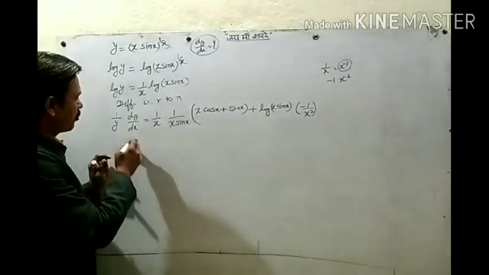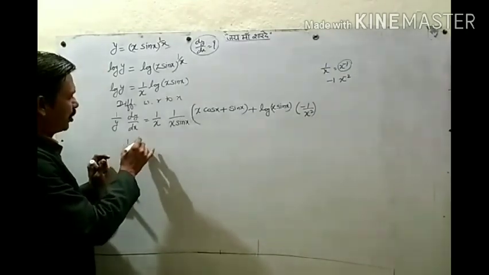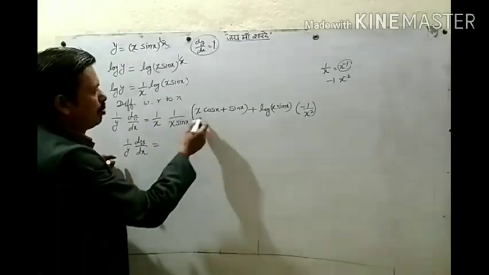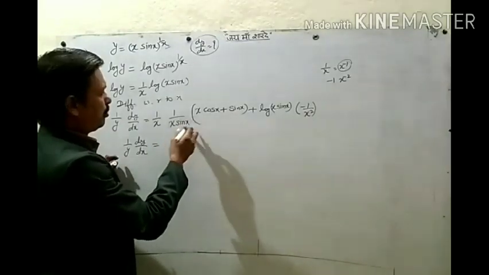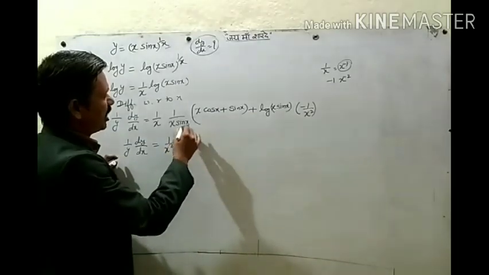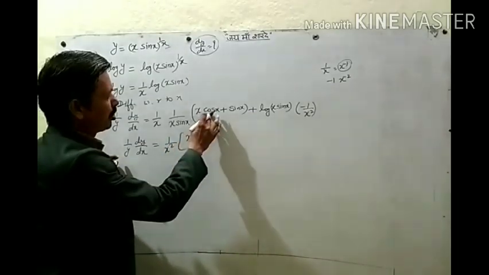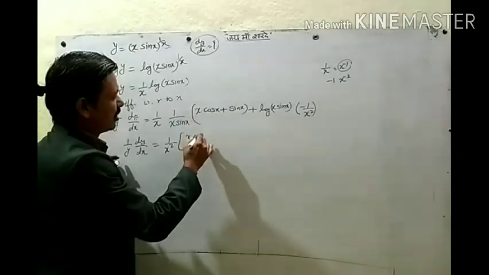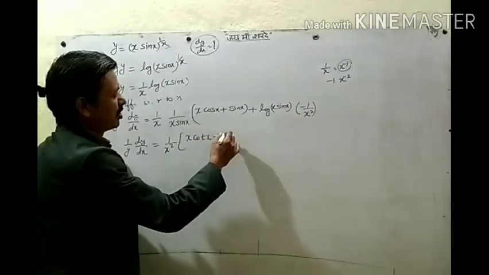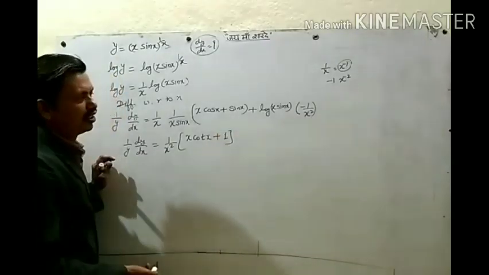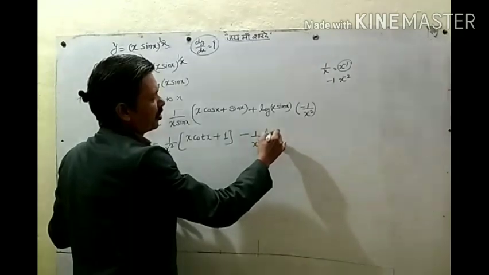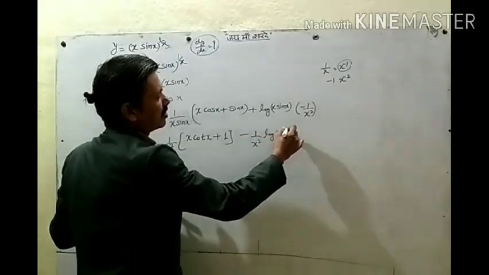So 1 by y dy by dx is equal to, if you simplify this, 1 by x square, and if you multiply sin x here, you get x upon x into cos upon sin, that is cot x, plus sin upon sin, 1, plus minus 1 by x square into log of x sin x.